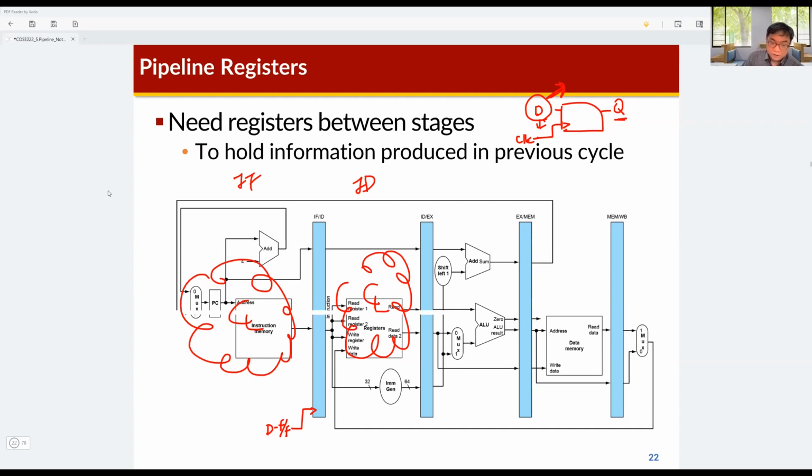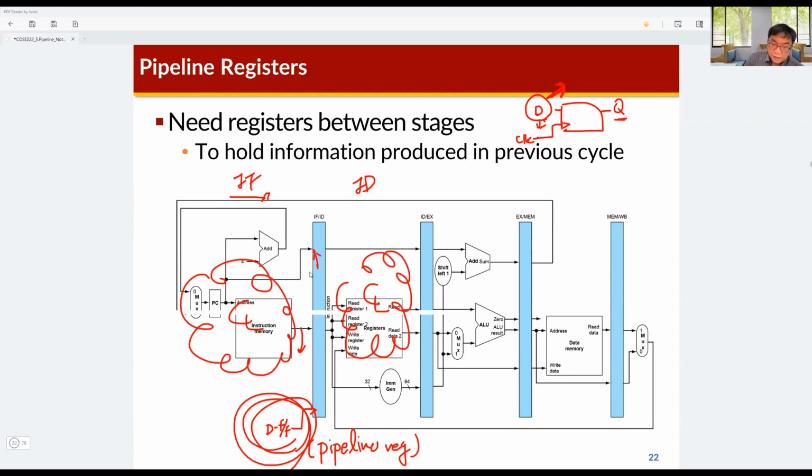Between these combinational logics, we just insert D flip-flops or pipeline registers, and the output data of the combinational logic of the instruction fetch step is sampled by the clock signal of the D flip-flop.